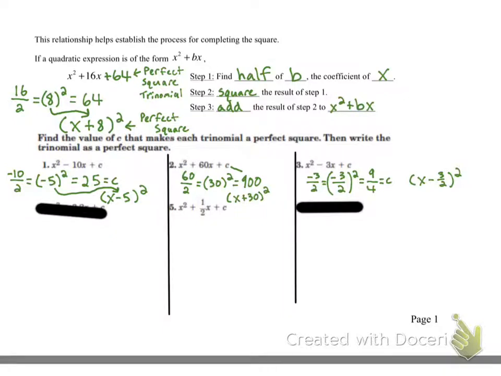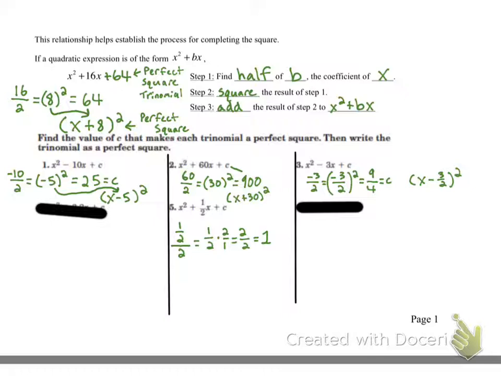Don't worry about those next problems. I'm going to jump to number 5. Again, we'll have a fraction. Well, remember, when you divide a fraction, it's the same thing as multiplying by the reciprocal.